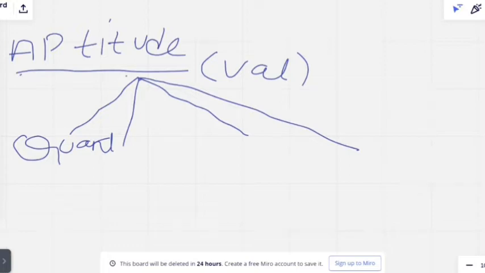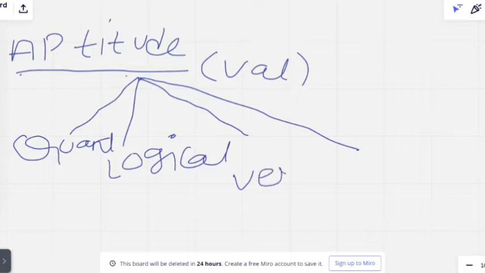The next topic is logical aptitude. The third one is verbal aptitude.